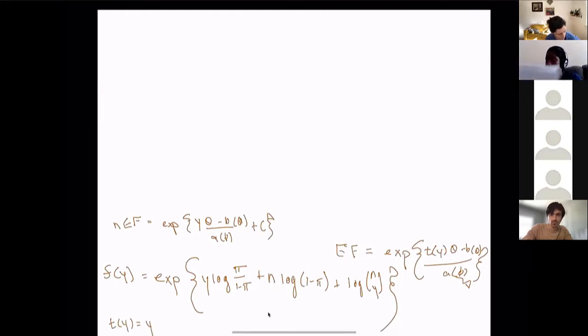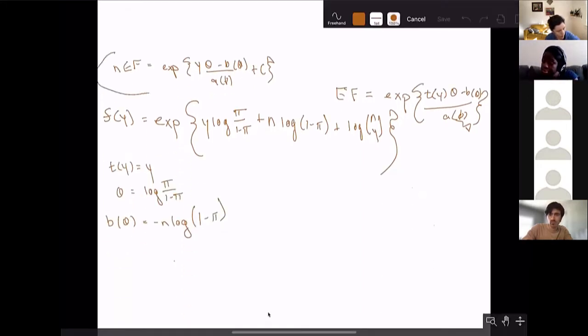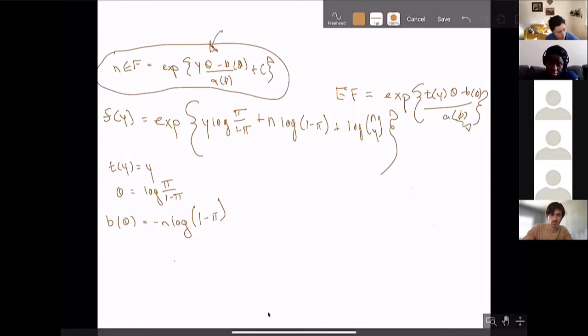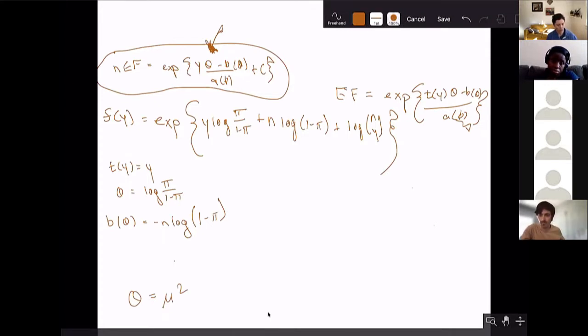if you have this form, the canonical link will be the function of your original parameter that theta is equal to. So say mu is the parameter in your original distribution and you get theta equals mu squared right up here in this natural exponential family form, then your canonical link function is the square of your original parameter.